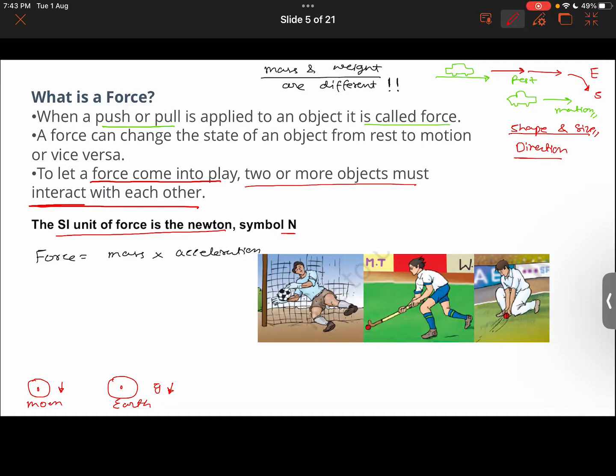So the force with which Earth pulls an object towards itself is 9.8 meter per second square, and it is somewhere around 1.6 meter per second square for the Moon. So the force with which the Earth pulls us towards its center is called weight.